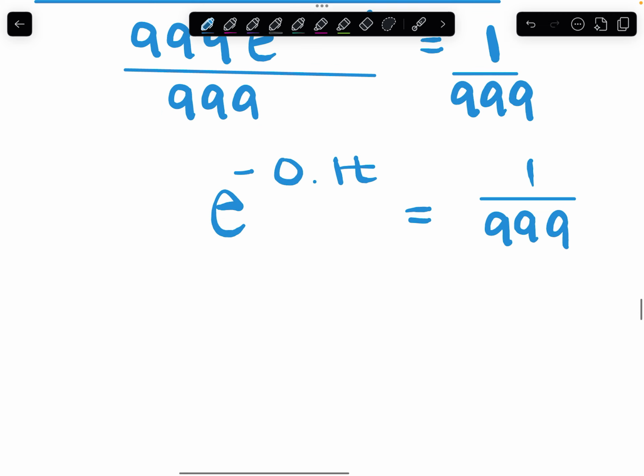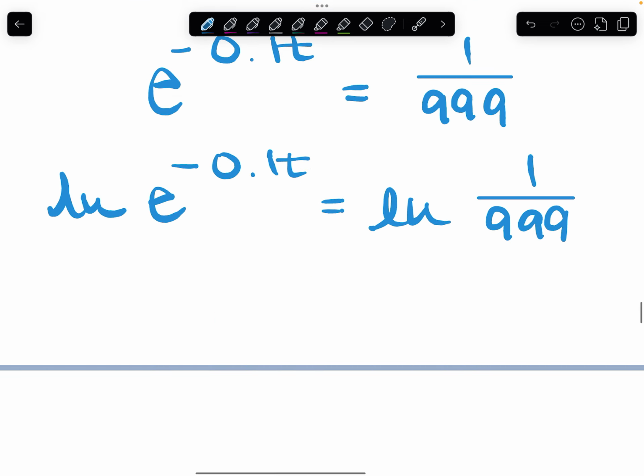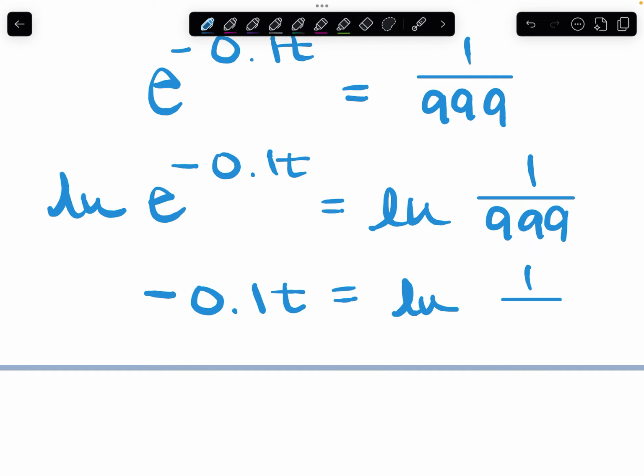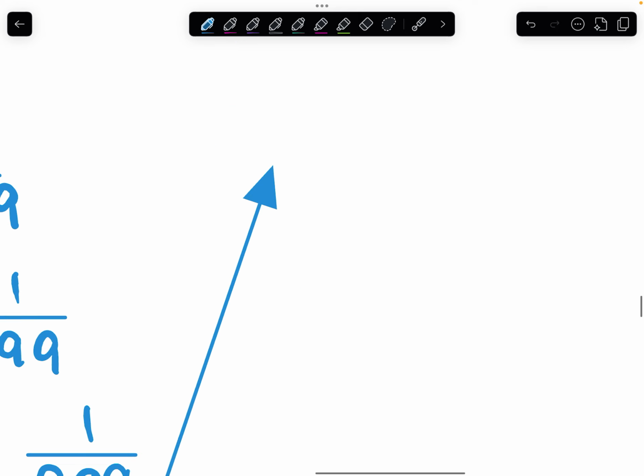Once the exponential term's by itself, we take the natural log of each side. All right, and then that is just the exponent. Negative 0.1t equals the natural log of 1 over 999. I'm out of room, so I'm going to come up here.